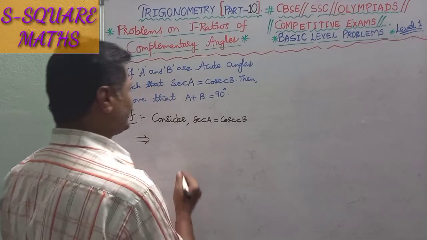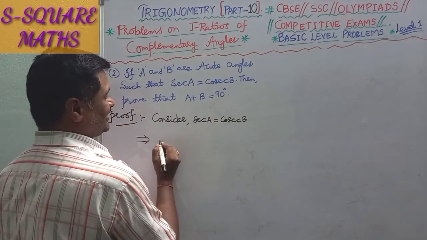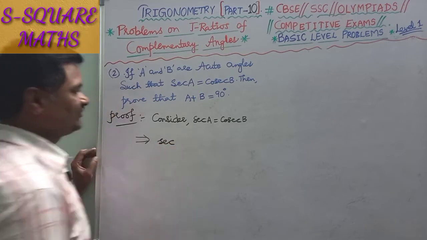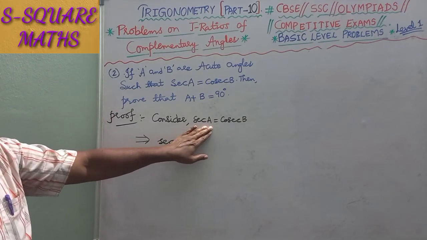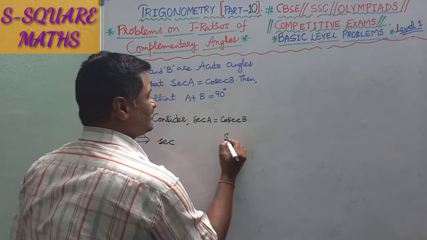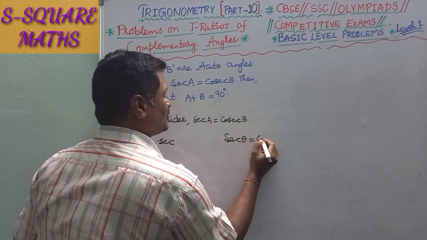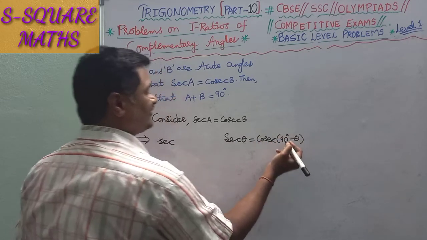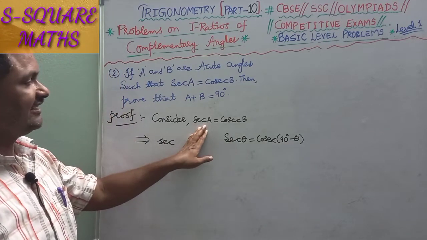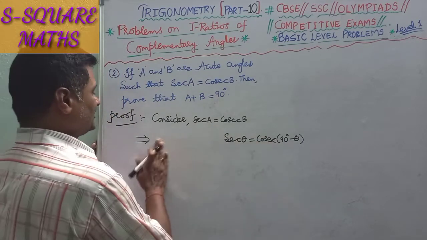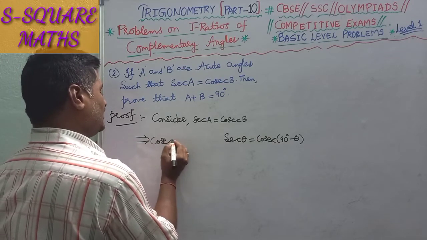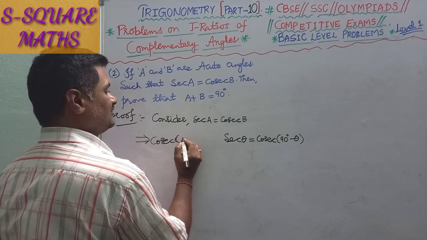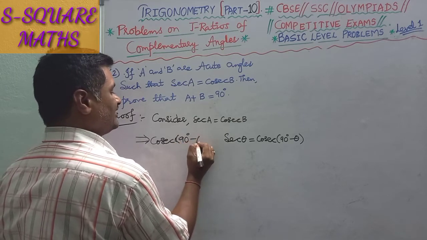So now I can write sec A as sec theta, which is nothing but cosec of 90 degrees minus theta. This we know very well. So I can replace sec A with cosec of 90 degrees minus A.